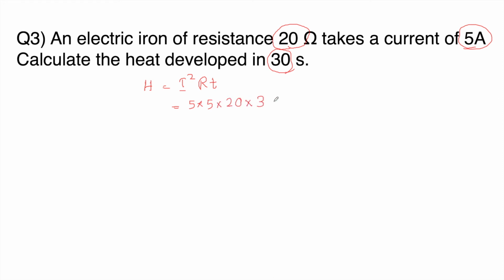T is 30. After multiplying this, we'll get 15,000 joule, and again we can write it as 1.5 into 10 raised to 4 joule. Any of the answers is fine.